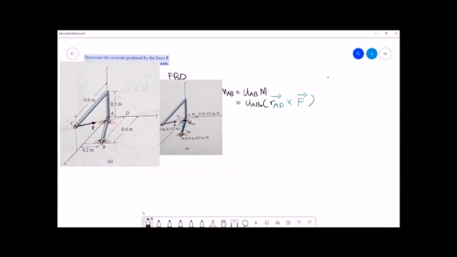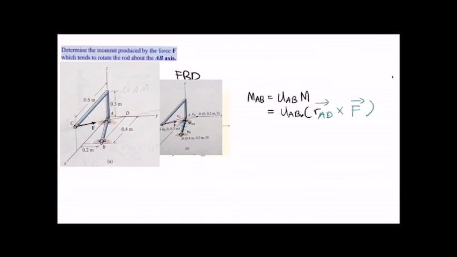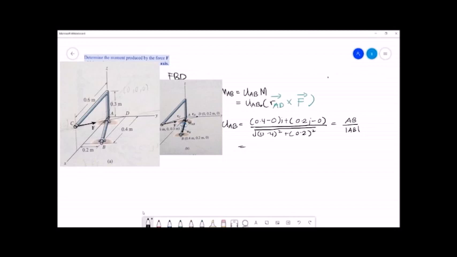Position vector of AD is substituted with BC and BD. Here, the unit vector of AB can be determined by dividing AB with the magnitude of AB.